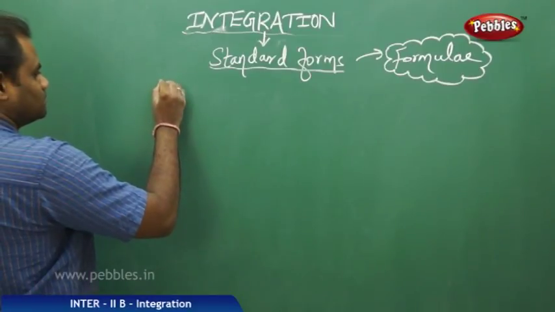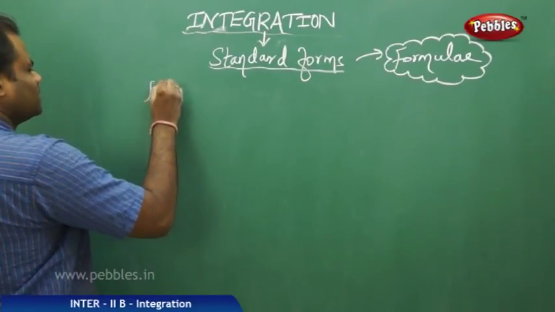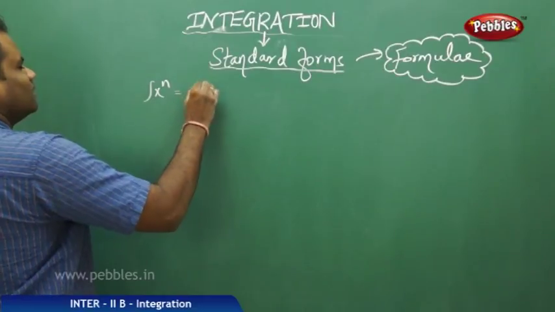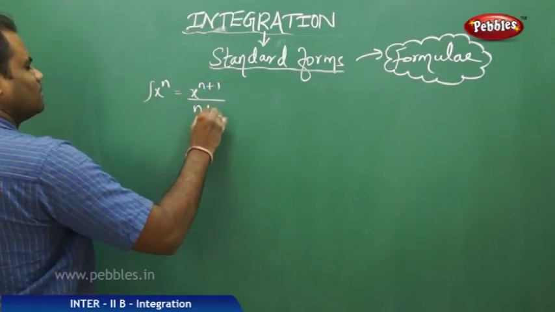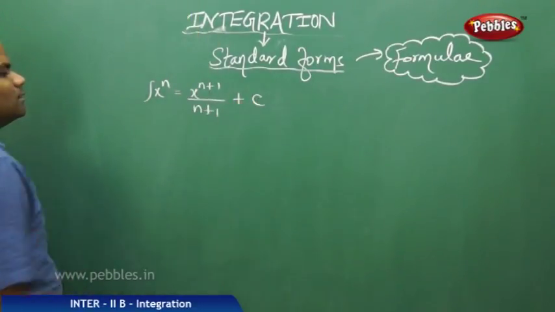To start with, the integral of x power n is x power n plus 1 by n plus 1 plus c.